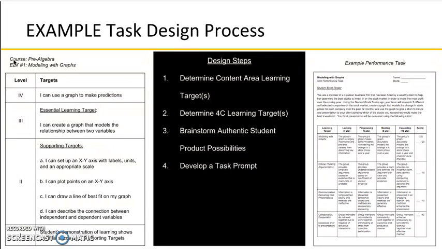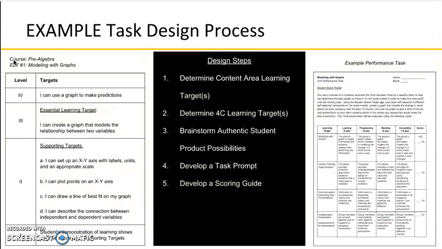At that point, I was ready to build my scoring guide. And so I used the graphic to the left as an example of a proficiency scale, which is a tool that helped me determine what does it mean to meet that learning target of modeling with graphs. In this case, for my course, it meant that students could create a graph that models the relationship between 2 variables. So I used that as the piece of my scoring rubric where the students would be meeting the standard.